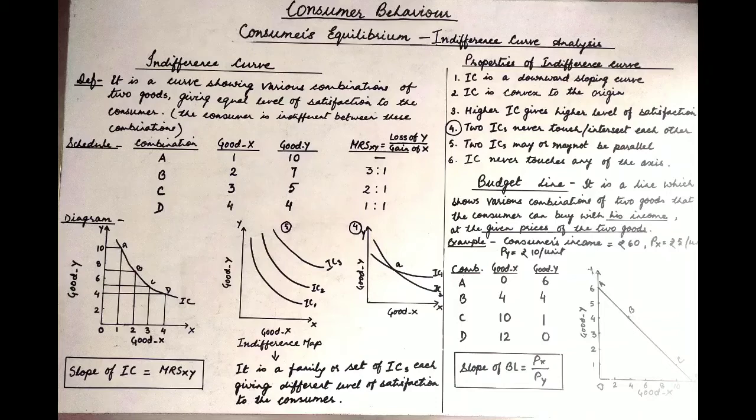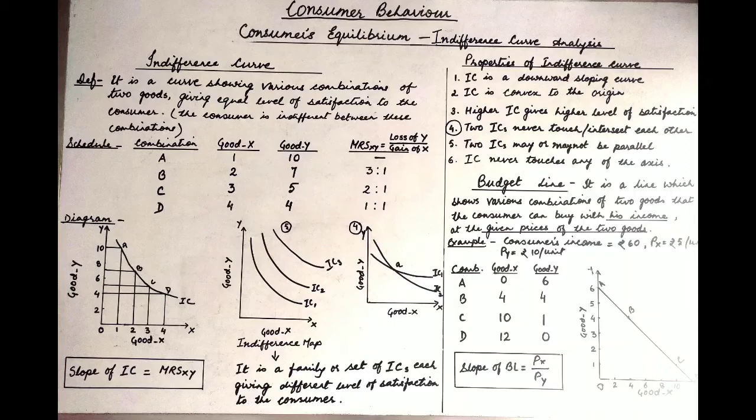Any combination present on this budget line can be purchased by the consumer. This budget line is negatively sloped because if the consumer wants to buy more of one good, he has to reduce the purchase of the other because his income is limited.